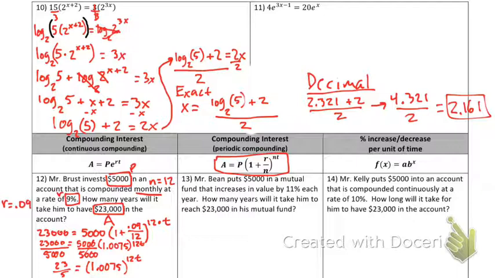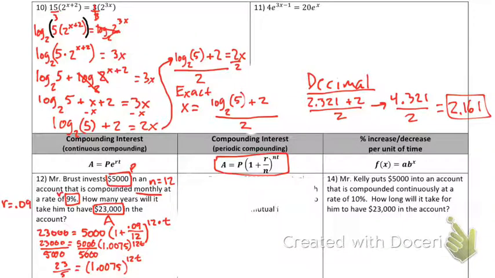Let's clean this up so we have more room. All right, we're almost there. So let's continue over here. 23 over 5 equals 1.0075 to the 12t power.